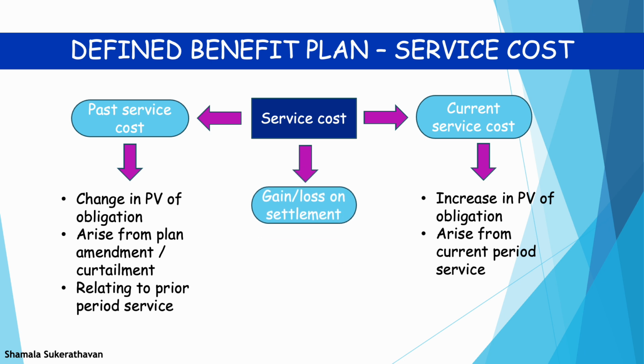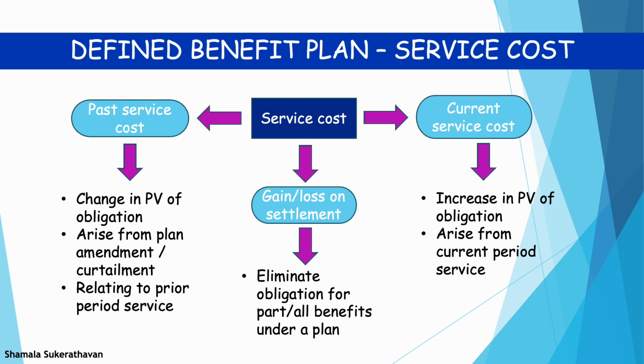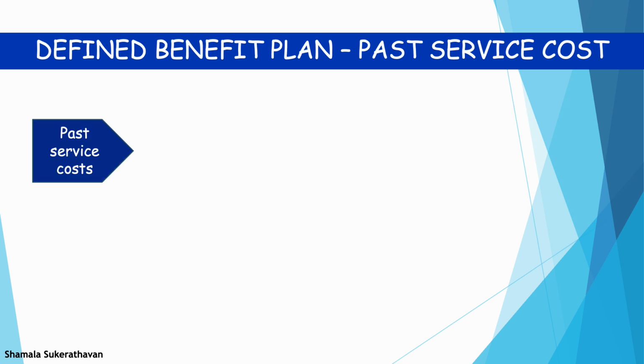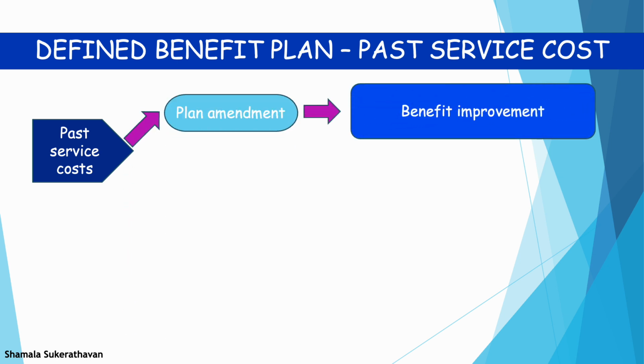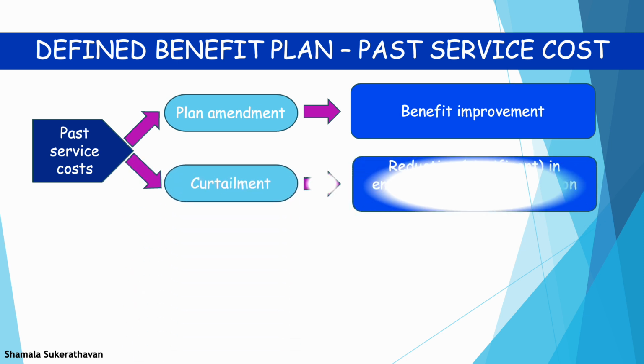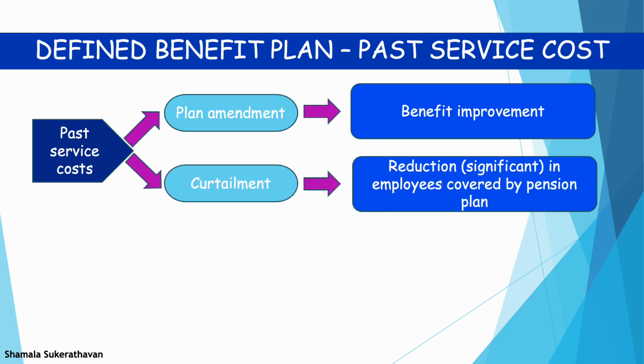Settlement occurs when an entity enters into a transaction to eliminate the obligation for part or all of the benefits under a plan. Past service cost arises either from a plan amendment resulting in an improvement in the benefits provided or a curtailment, that is, a significant reduction in the number of employees covered by a pension plan.